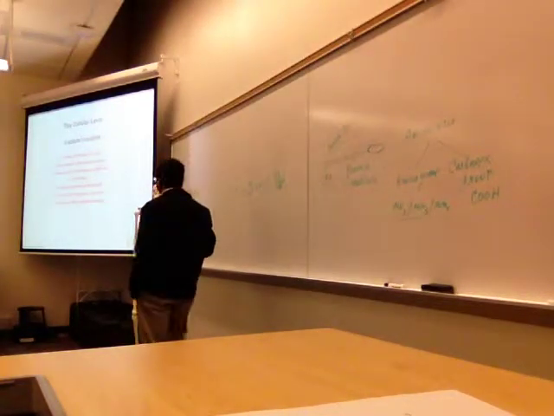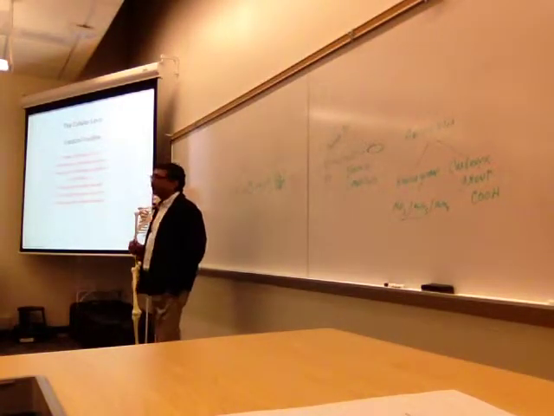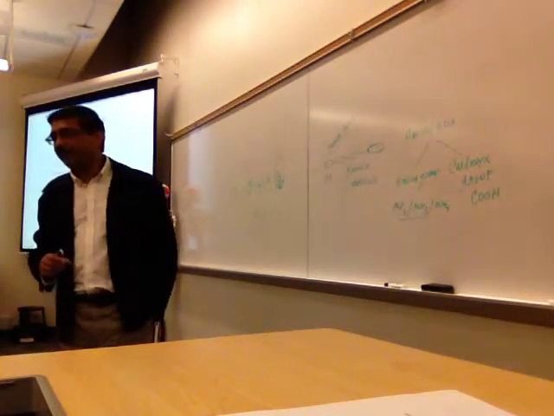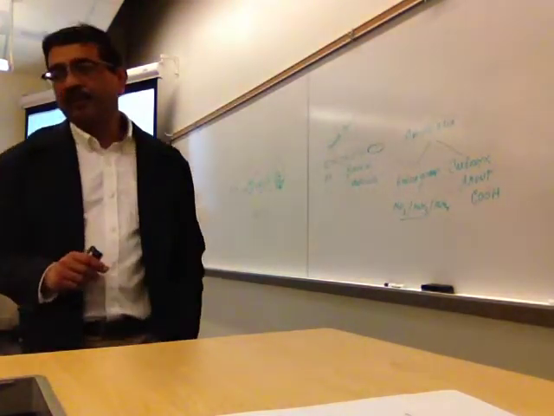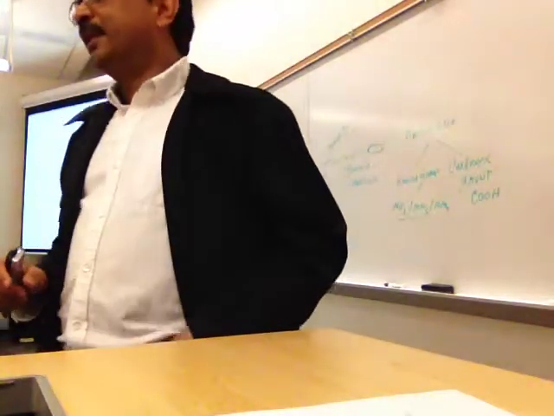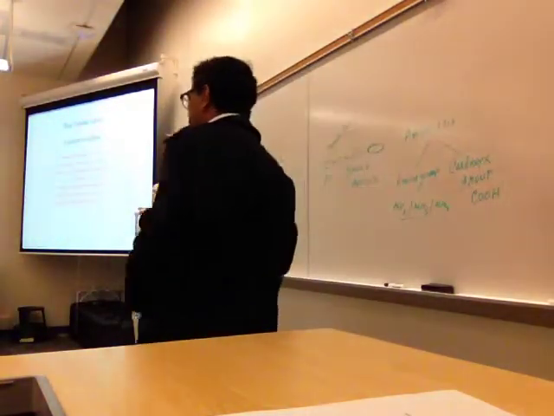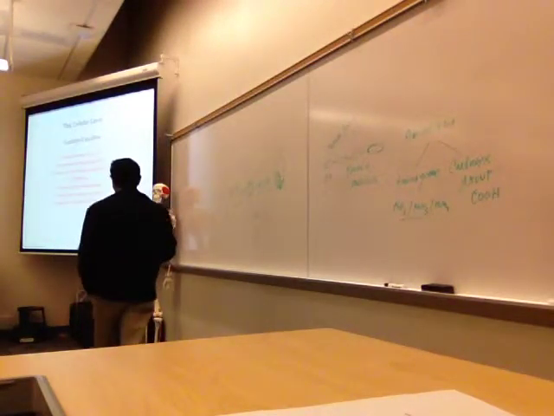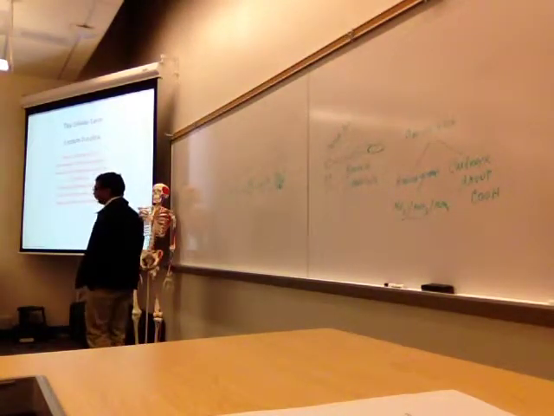In the cell membrane, you have proteins, and those proteins of your cell membrane perform a number of important functions. So we'll see what are the proteins of the cell membrane and what are their functions. Okay?